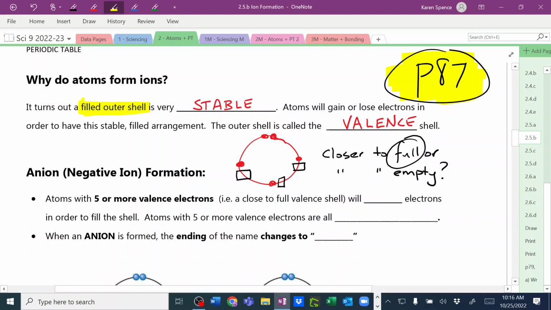It's going to gain, okay? So atoms with 5 or more valence electrons are all nonmetals. So nonmetals will tend to gain electrons to have that full shell.